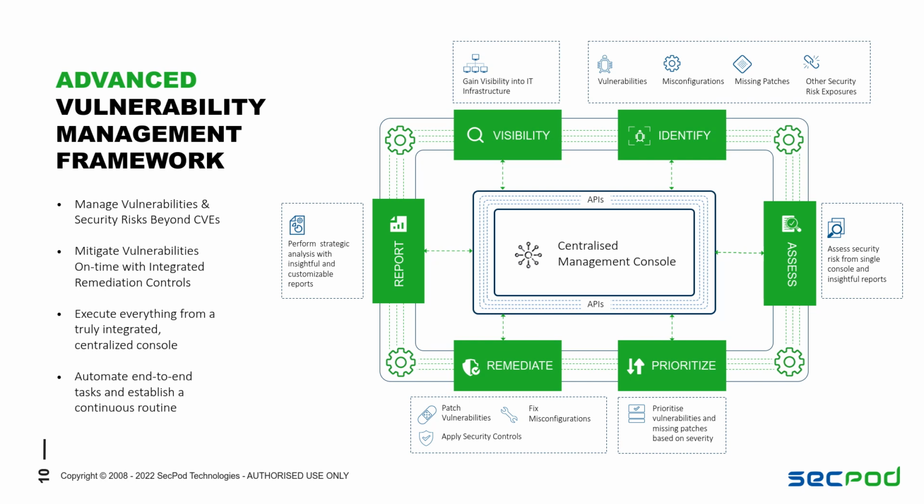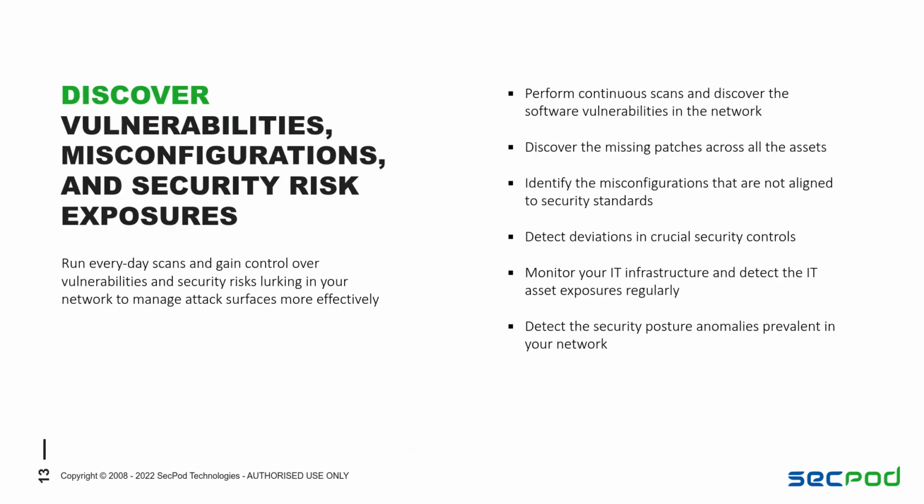And finally, being able to report on all of these vulnerabilities that are discovered and the mitigations that you have rolled out. And the key part of this is being able to unify them into a centralized management console and having one console to manage the entire program. So this is what is advanced vulnerability management.